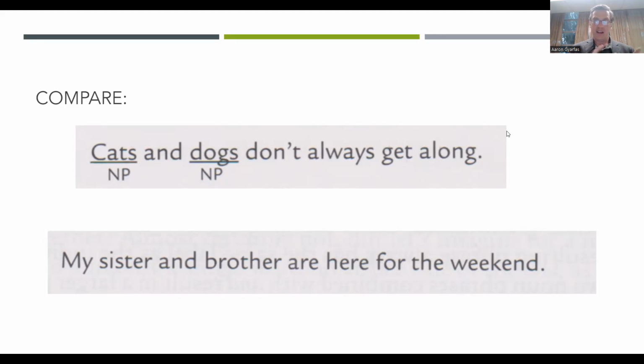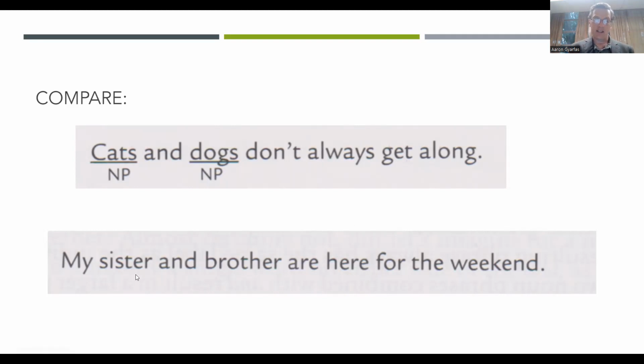In the first one, each separate noun is also a separate noun phrase. Remember, plural nouns can exist as noun phrases on their own. So we actually have the coordinating conjunction and combining two noun phrases.